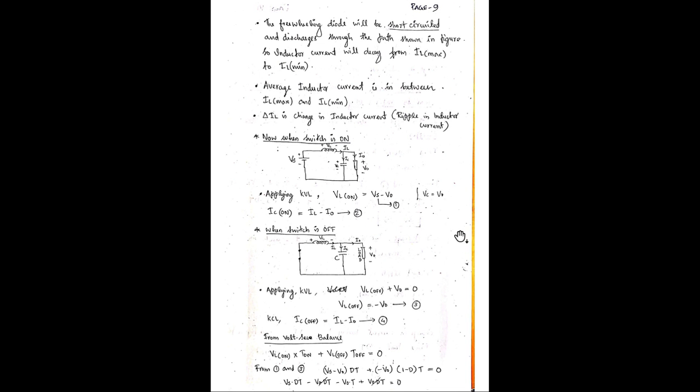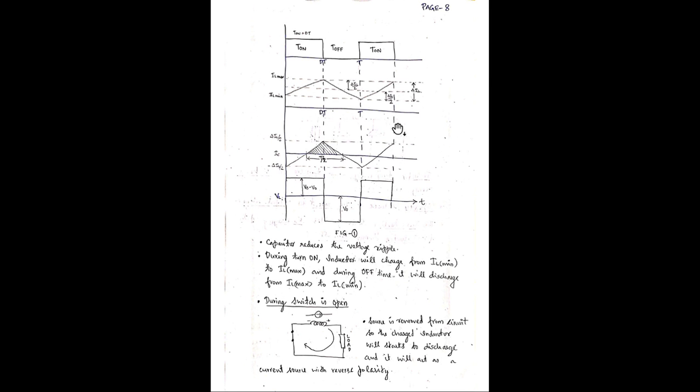VL on can be written as L into di by dt, which is equal to Vs minus V0. And what is the change in current here? From that figure, the change in inductor current is from IL minimum to IL maximum, which is written as del IL.